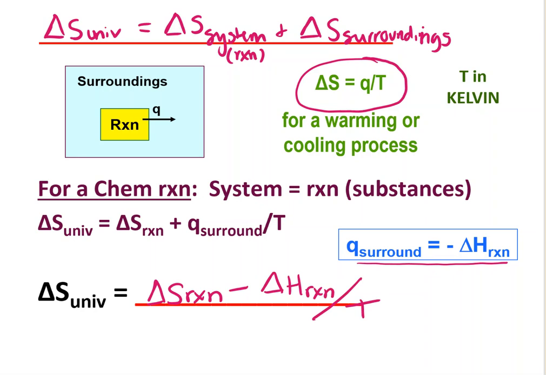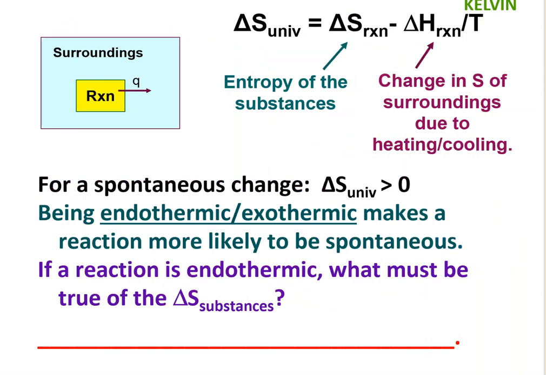And notice temperature needs to be in Kelvin. This is just putting that together, that the change in entropy for the universe takes into account the entropy of the substances, plus this term, which looks like it's for the reaction, but this is the heat that is going to warming the surroundings.